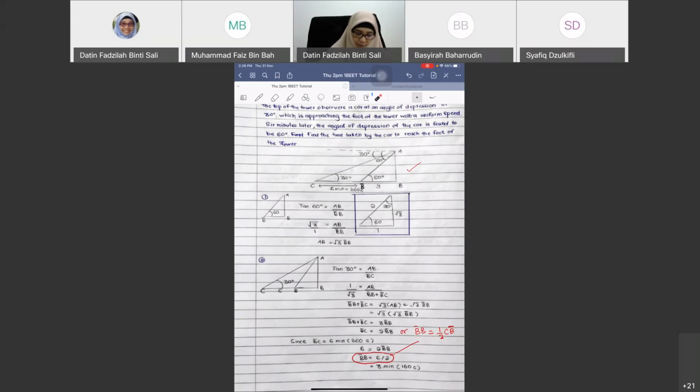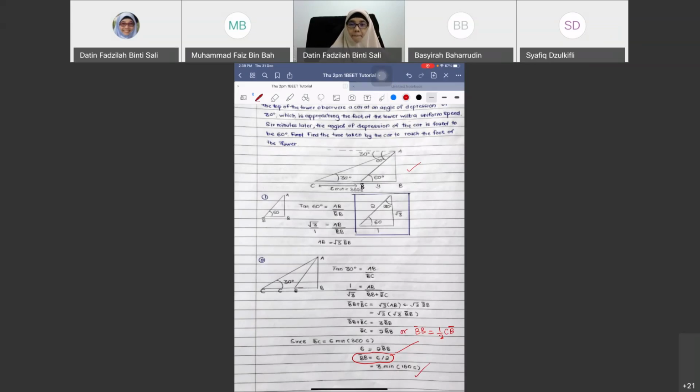So the time taken going from C to B bar here is 6 minutes. So you have half times 6 minutes, which is 3 minutes. So this is correct.